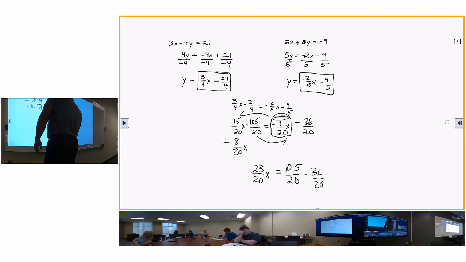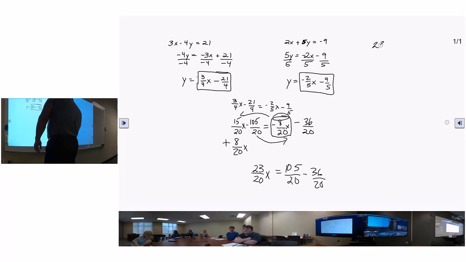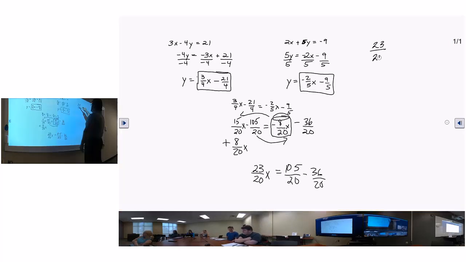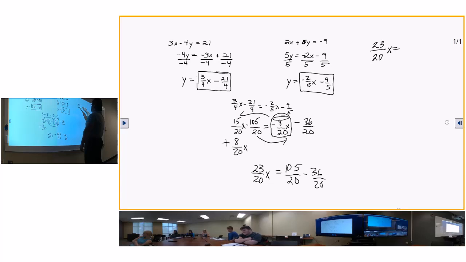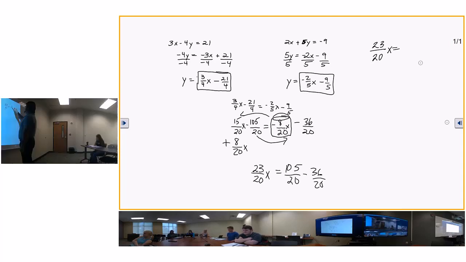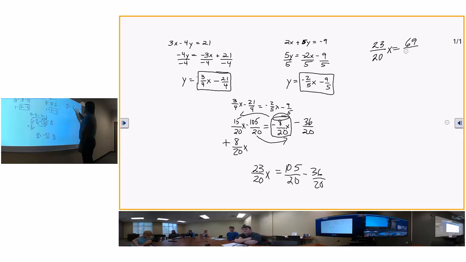And that's going to give me 23 over 20x is equal to, what's 105 minus 36? 69 over 20.